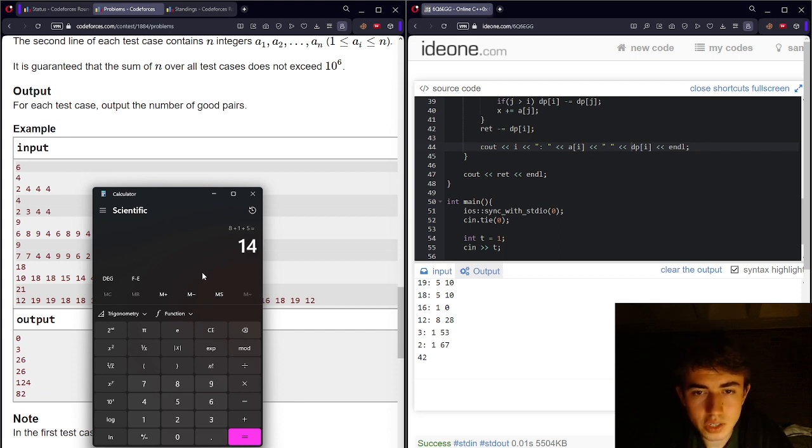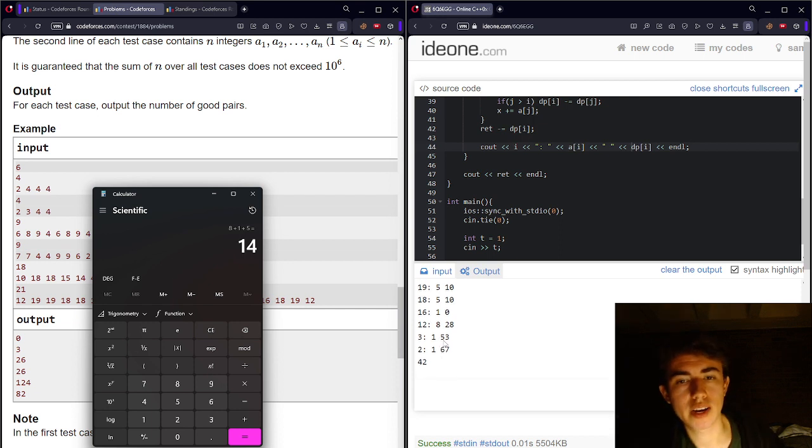What should the 12 pair with? 12 by itself is going to add 28 pairs, right? But we already counted those. What are the new pairs? 12 and 18. Yeah, so like plus 5 times 8. No, we said that already goes with 3, so we don't add those either.